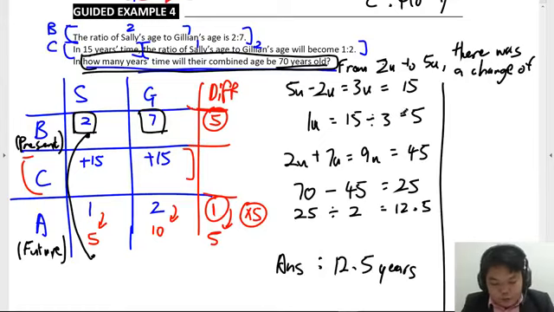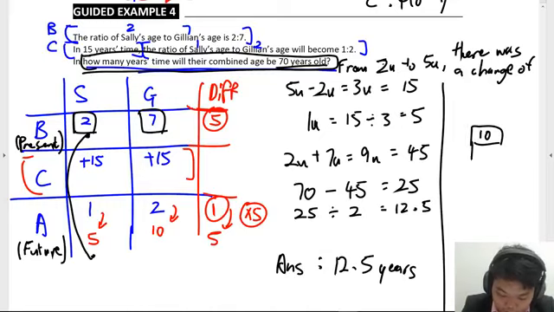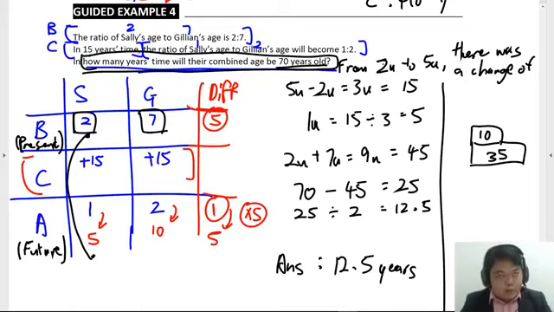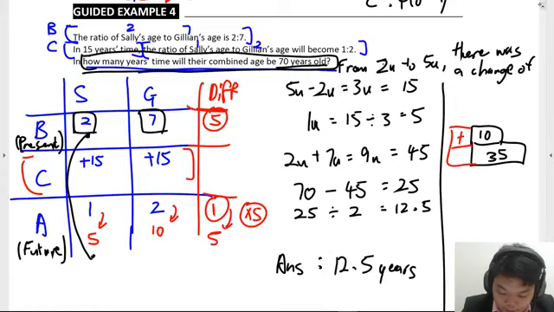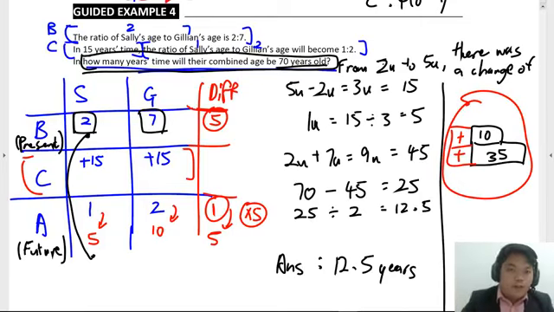So for those of you who are not too sure, you can see that Sally here is 10. This Jaden here is 35. So I need to add on the same number of years for both of them until this entire total over here is 70. Then I need to know how to find out one of these blocks over here.